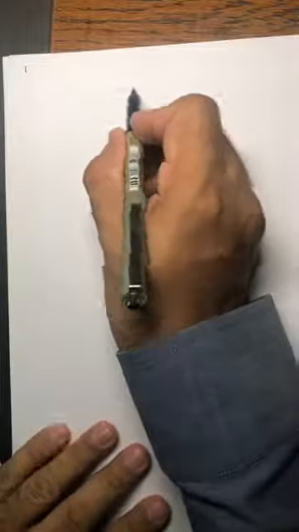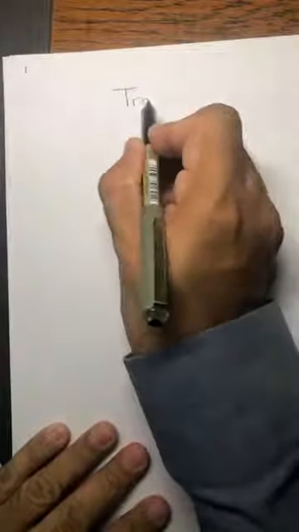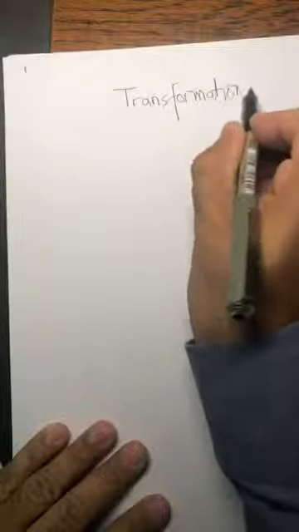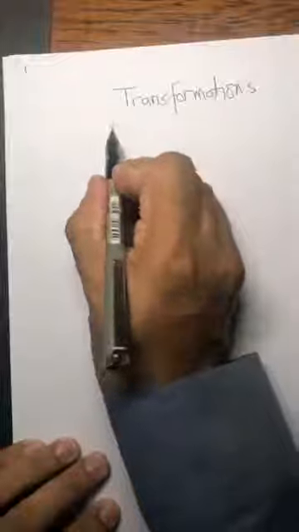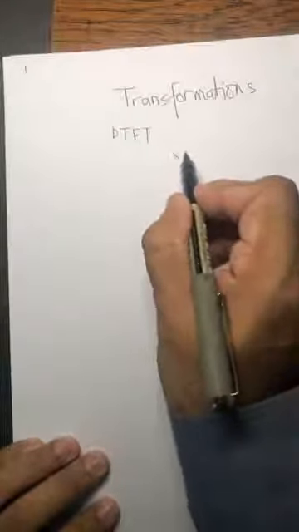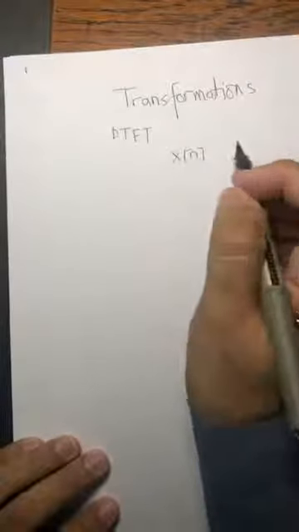So it is about, we have learned a lot about the transformations. In transformations I have explained that one is the discrete time Fourier transform.